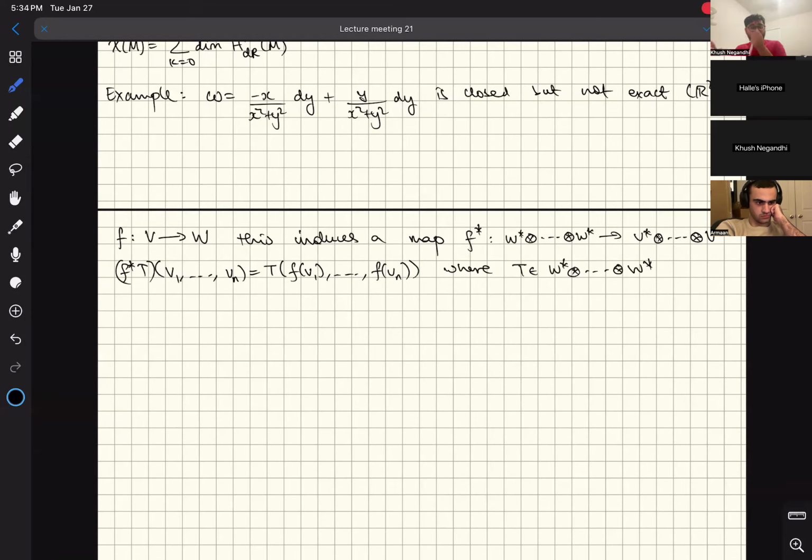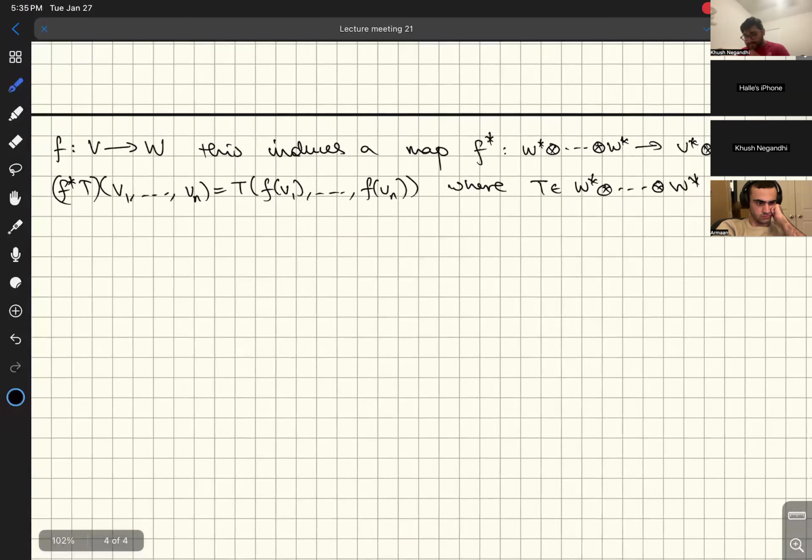And we saw that with vector fields, because vector fields are like vectors, and so we needed the map to be invertible to define this push forward type of map. Because the idea now is that we're taking a tensor on one space and pulling it back to a tensor on another space. But now there's nothing special about F being linear.